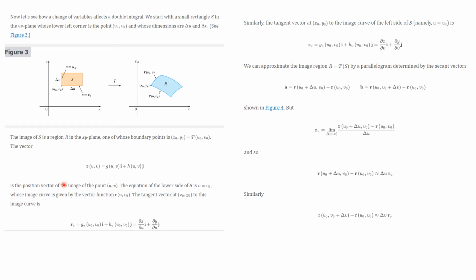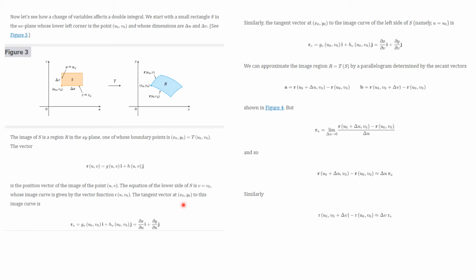The vector r of (u, v), equal to g in the i direction and h in the j direction, where those are functions of u and v, is the position vector of the image of the point (u, v). The equation of the lower side of S has v0 fixed, and so we have r of u with v0 fixed.